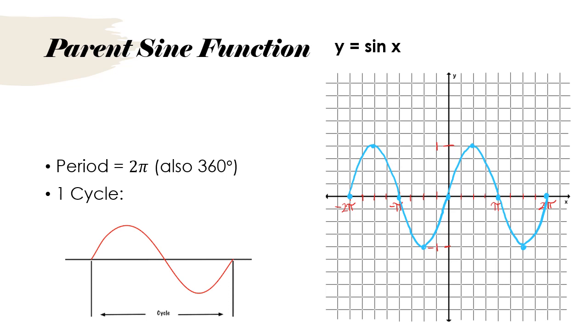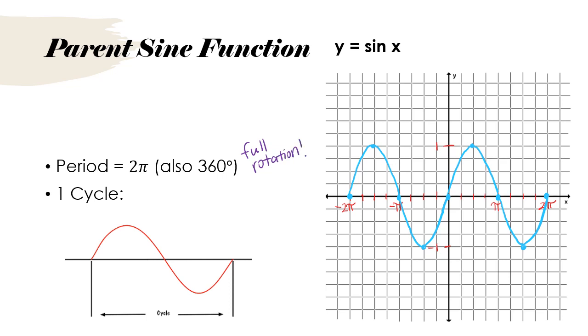So the period, how long it takes for us to complete one cycle, or the horizontal length of one cycle, is 2 pi. Now, I would say it's 2 pi because my graph is in radians, but we could have also made our graphs in degrees instead, which would mean our period would be defined as 360 degrees, also a full rotation of the unit circle. That is no coincidence.